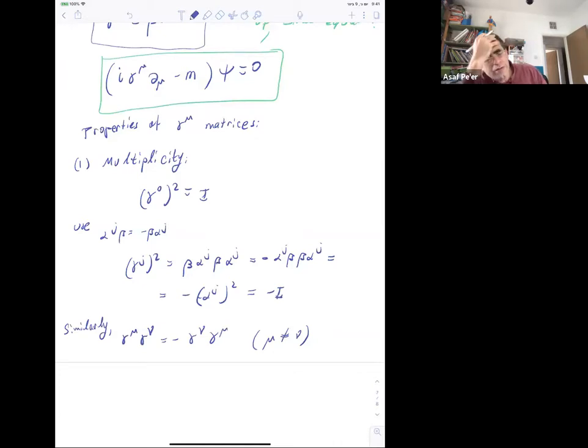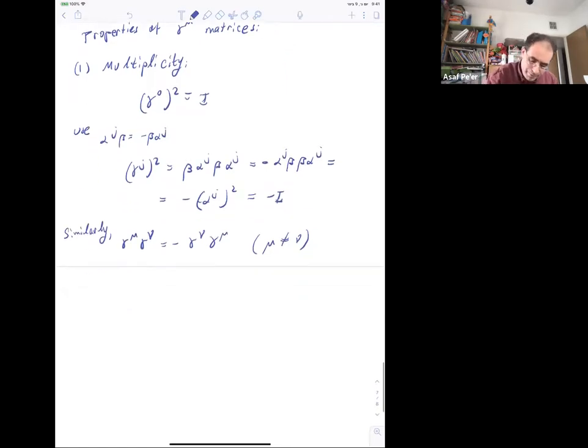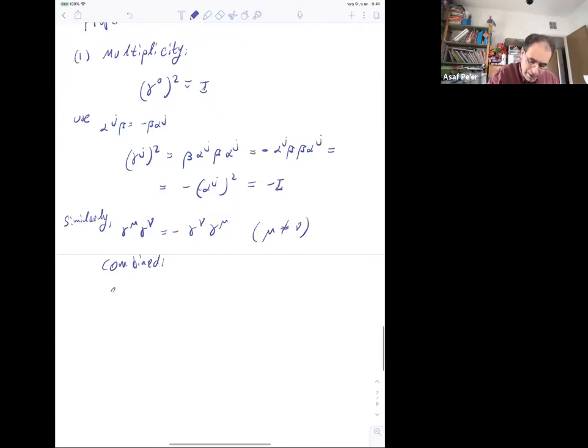Combine this anti-commutation relation, and it can be written in a compact form. You have the anti-commutation relation. You're familiar with that? Did I show you that?